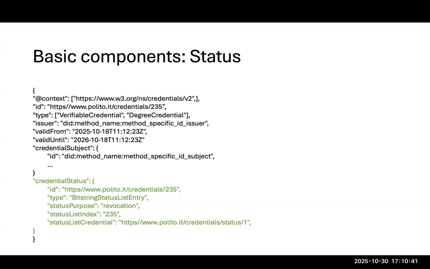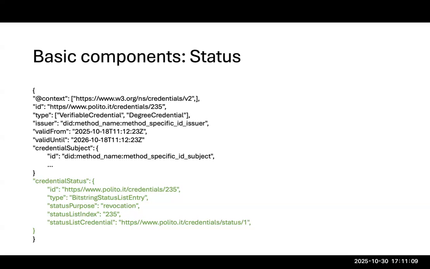And so credential status essentially has the property ID that coincides with the unique identifier of this credential, the type of the solution that I'm implementing for dealing with revocation.